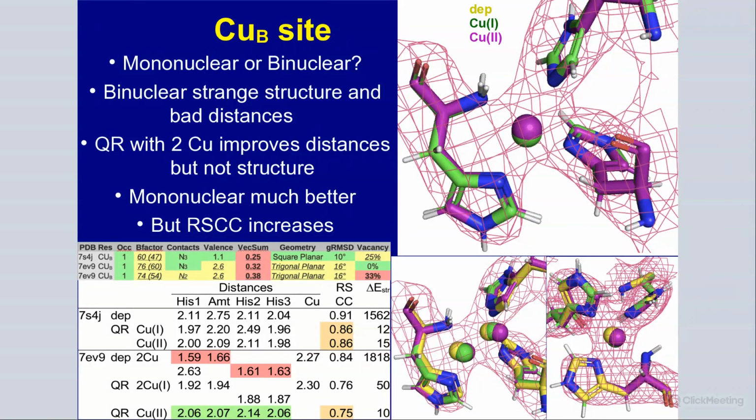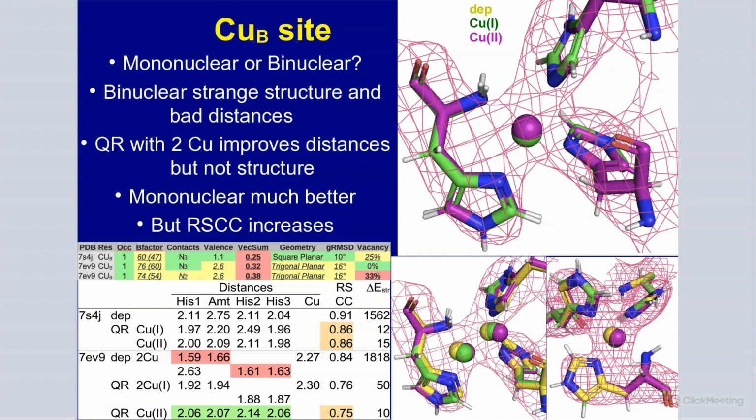But if we look at the Chan structure, then they model it as binuclear with very strange geometries to the ligands. And here we have a large movement in the kappa ion. So the original structure is yellow, and then we have tried either kappa 1 or kappa 2. Kappa 1 is green, kappa 2 is magenta.